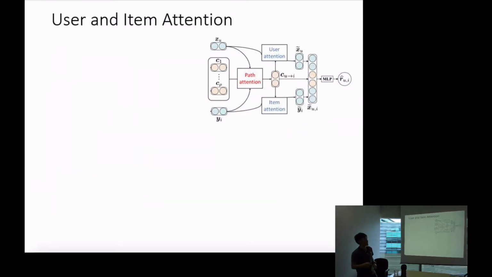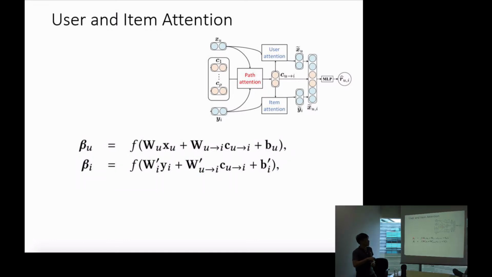The basic idea is that after we have these embeddings between the paths, they want to do a further step. This one I'm not sure is good or not, but the idea is that they use this to reweight the factors of the user and the factors of the items. So beta u and beta I here are like a mask over the embeddings of the user and over the embeddings of the items.